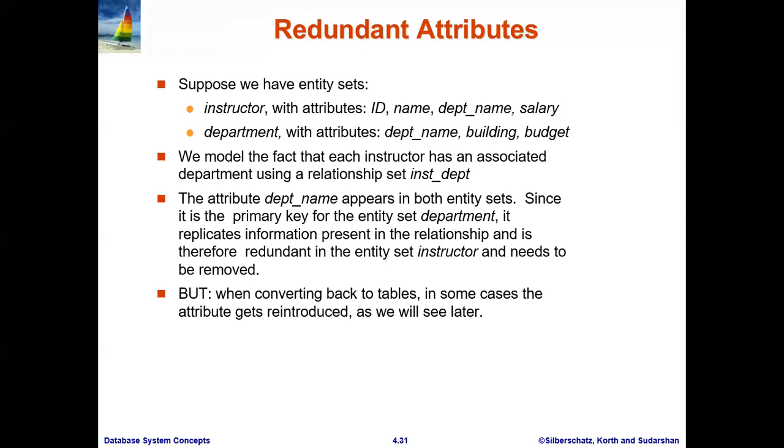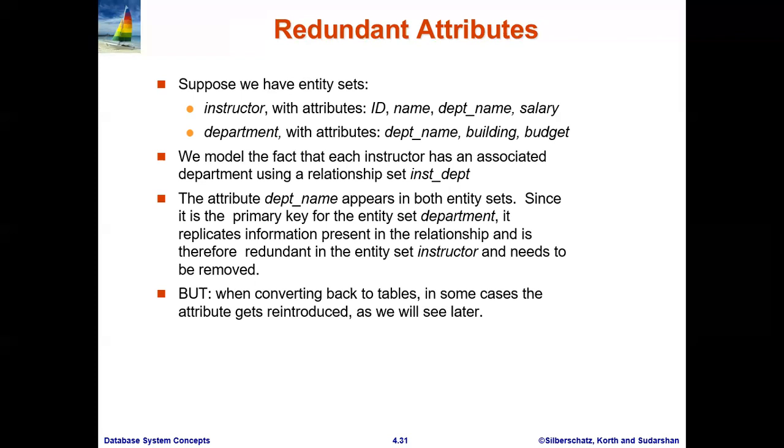As department_name is a primary key, and if it is coming with the relationship set between instructor and department, then definitely the same data will be shown in department_name of the instructor relation also.